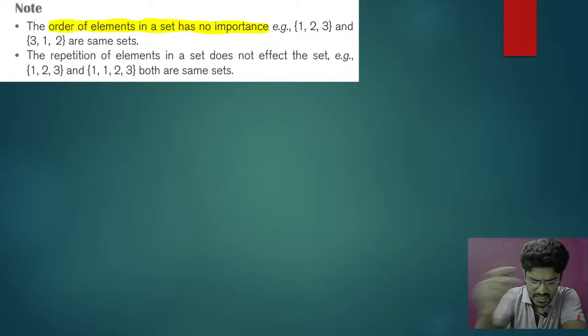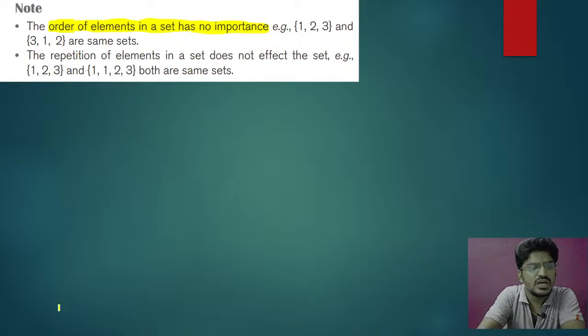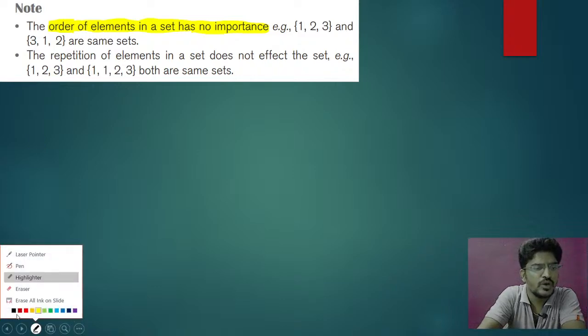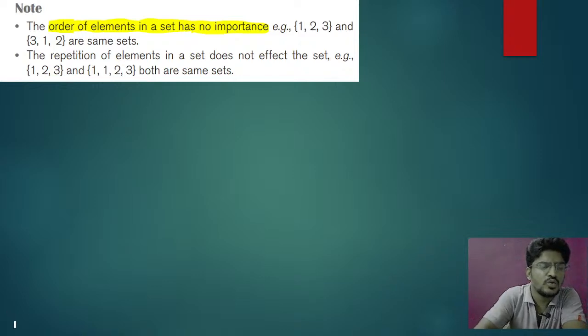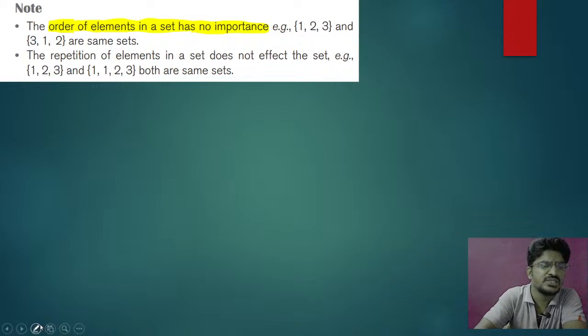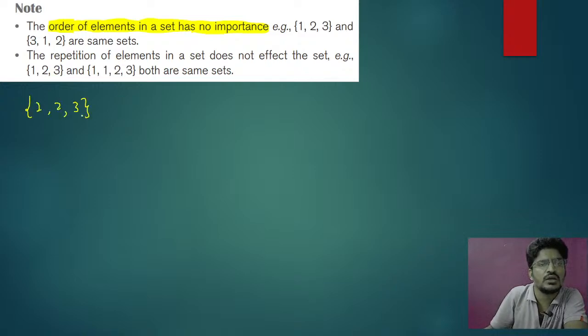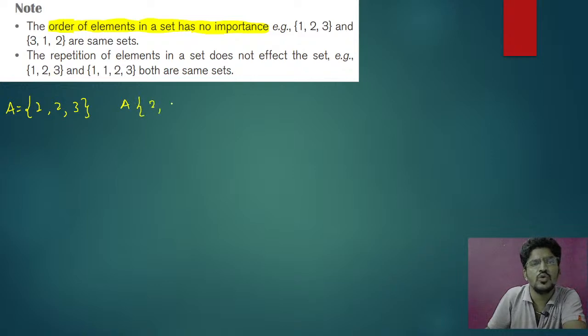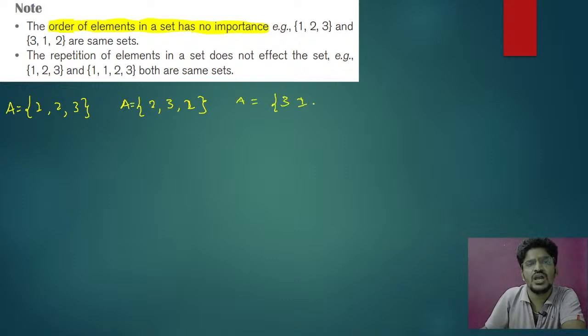The meaning of this is, how to understand it, you just see. If I have 3 elements in the set, for example 1, 2, 3, here you can see they are in ascending order. The same set can also be written as 2, 3, 1, and the same set can also be written as 3, 1, 2.